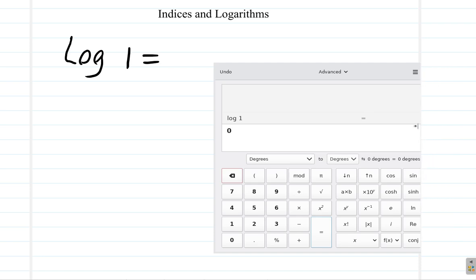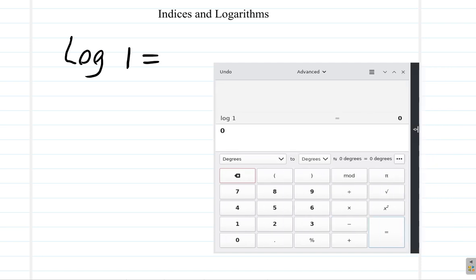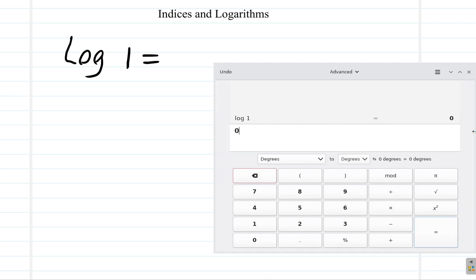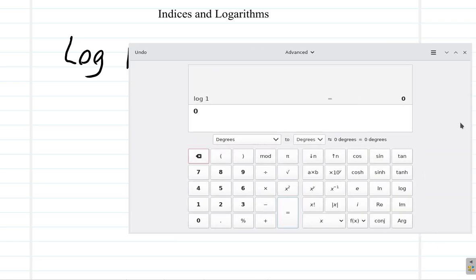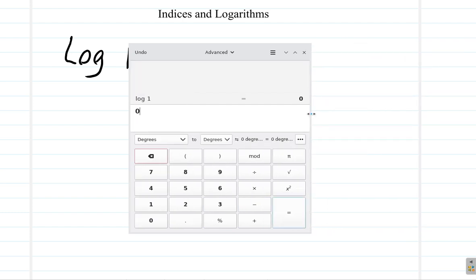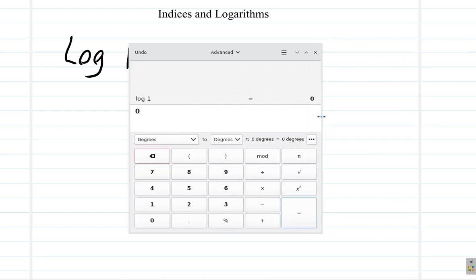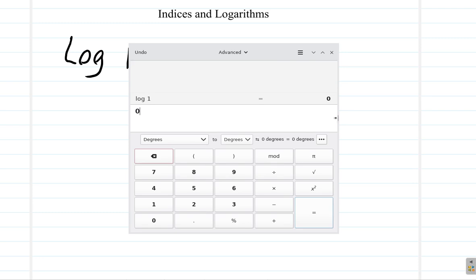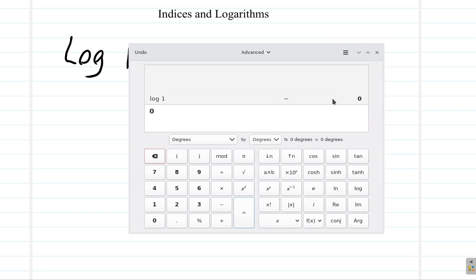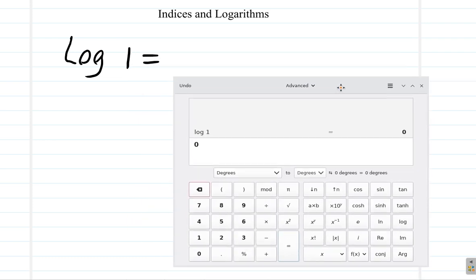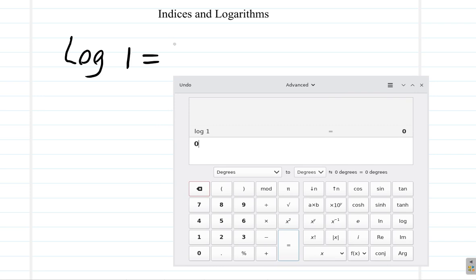Let me fix up my calculator as I want it. Alright, nice. So log 1 is 0. Write that down.